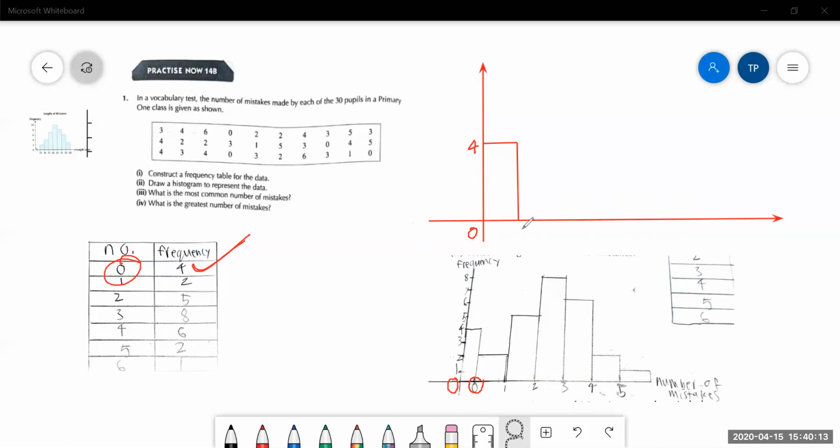Actually, no. Even if you push 1 unit to the left, it will have been wrong already, because 0 is 4, yes. For 1 is 2. Oh, I get what you mean now.